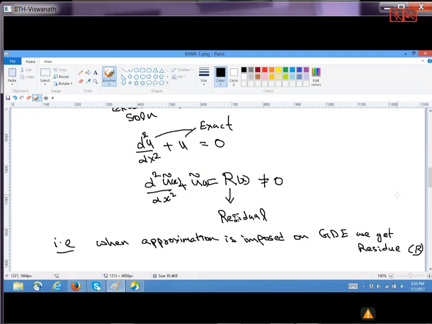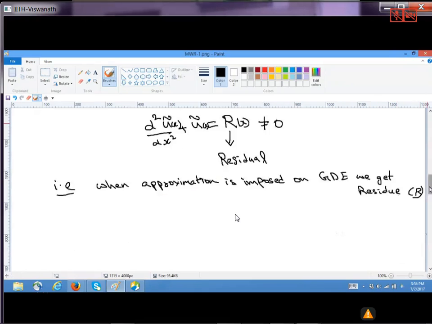Not everybody who buys a lottery ticket will be the winner. So u tilde is like that. It's an approximation. The chances that what we assumed as our approximation being exact is like winning a lottery, it is very rare. So u may not be equal to u tilde all the time, so you may end up with residue, and the residue may not be equal to 0.